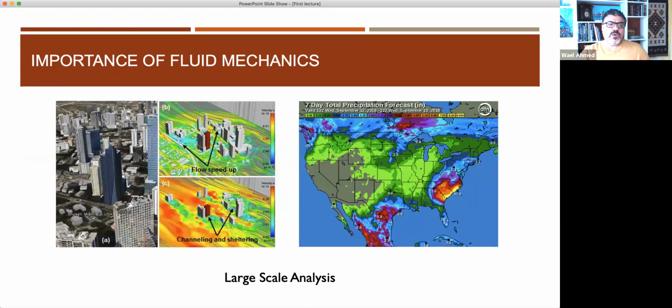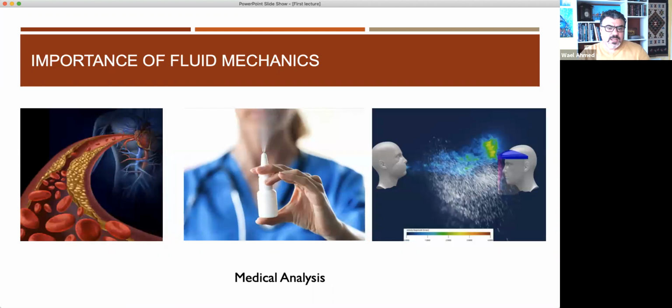So not only equipment and mechanical systems, but it's also very important to understand fluid mechanics when designing computational models for forecasting the weather, right? Or if you are designing cities and buildings, you have to understand, season by season, the wind distribution around these buildings as part of your design. Not only in equipment, but also in our human body.